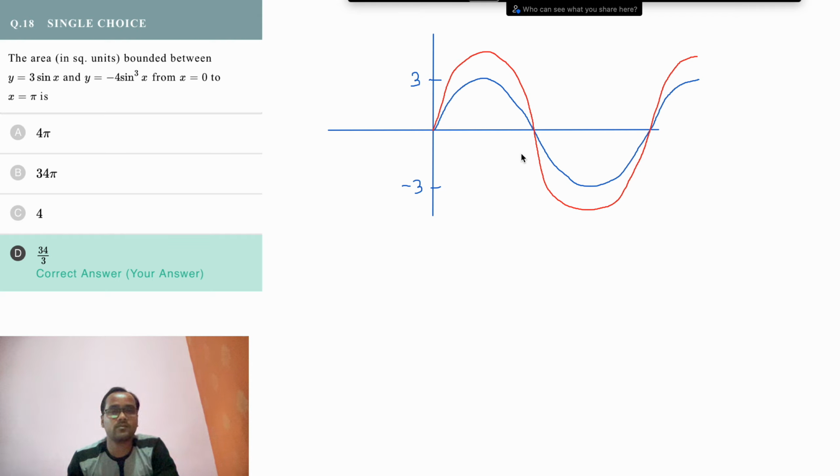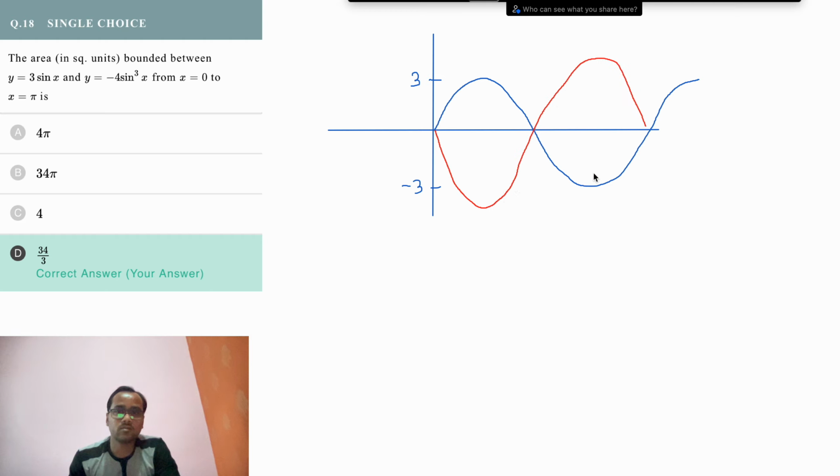So that would be this way, 4 sine cube x. The minus of 4 sine cube x will be the reflection of this, meaning reflect this graph in the x-axis. So if I guess, it would be almost like this: minus 4 sine cube x.